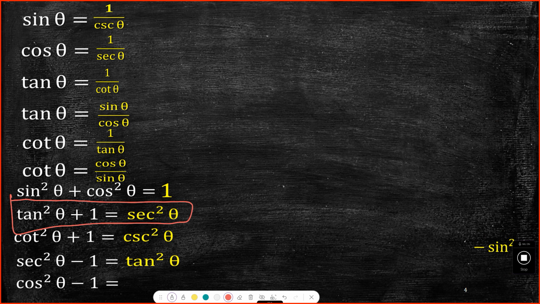So we're playing around with this one now. We're going to move this over this way and then move the sine over that way. So this is negative sine squared theta. And that is it for today. We're going to do more of this tomorrow. And then that is kind of it, except one more.